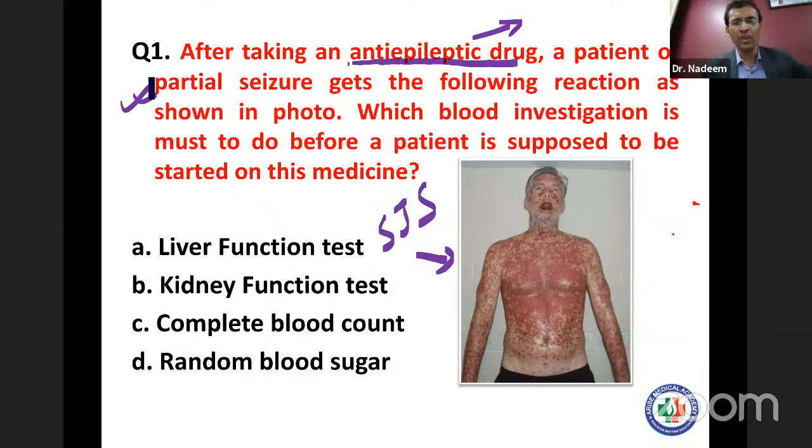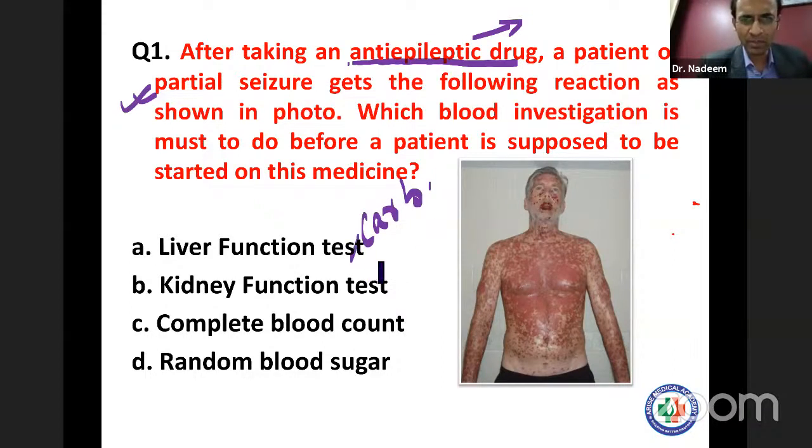Actually two. One is carbamazepine and the second is lamotrigine. But as we all know, the drug of choice for partial seizure is carbamazepine.